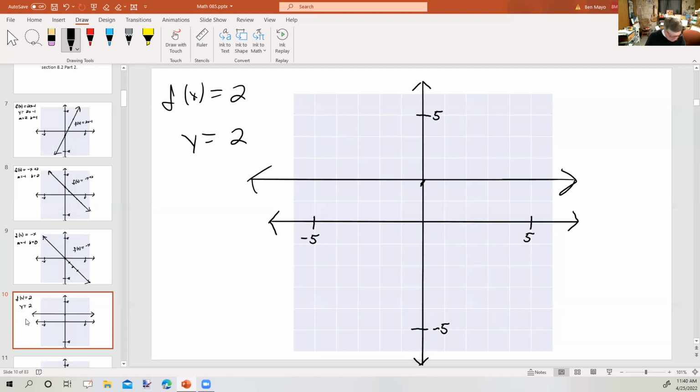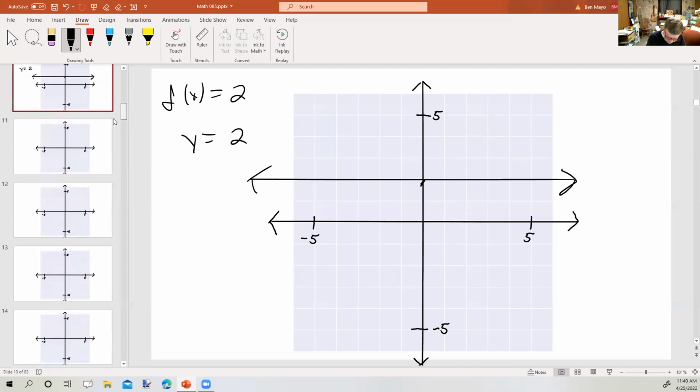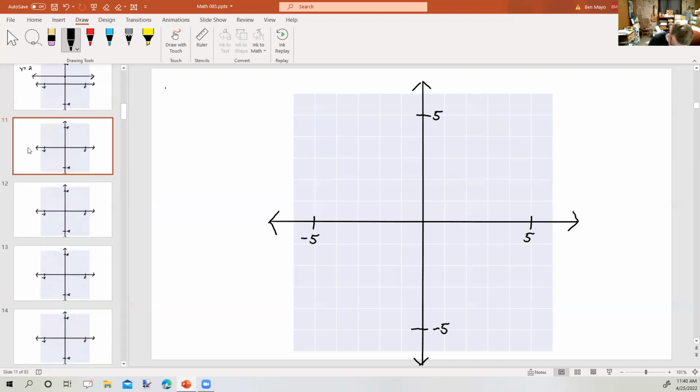Okay. And finally, let's take a look at this one. G of x equals negative 0.25x. Well, the slope would be negative 0.25 and the y-intercept would be 0, but negative 0.25 would be negative 1/4.